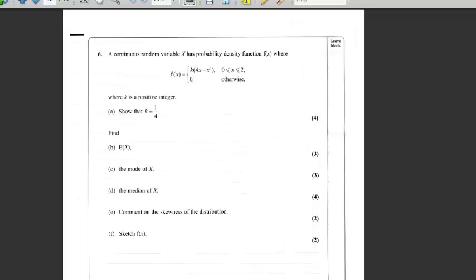Okay, so this one is question number D, the median of x. So we have to integrate this. For finding the CDF, we have to integrate this expression. So question number D, F(x) equals integration of f(x) dx.